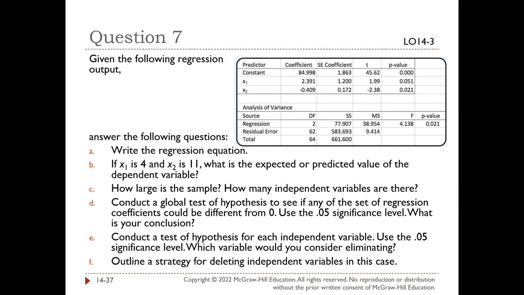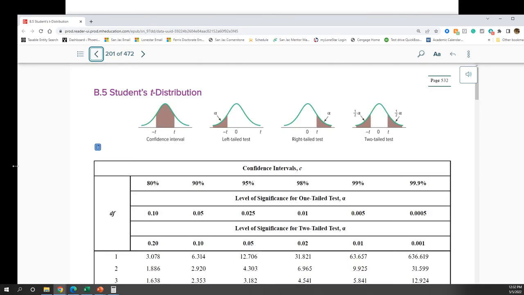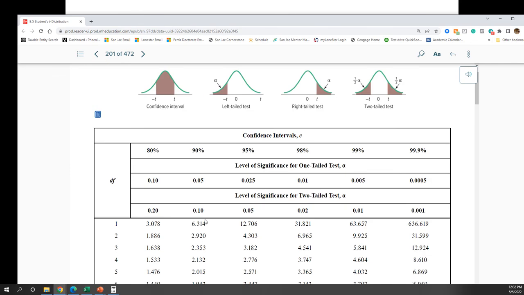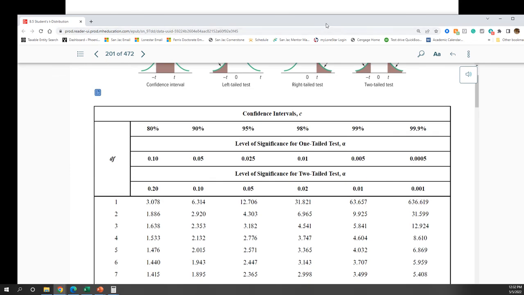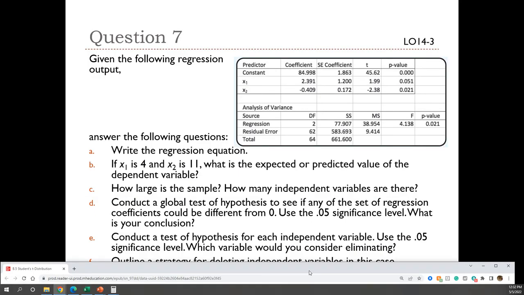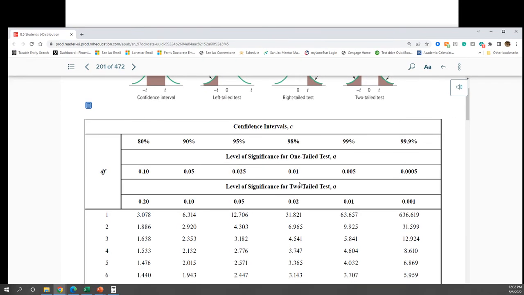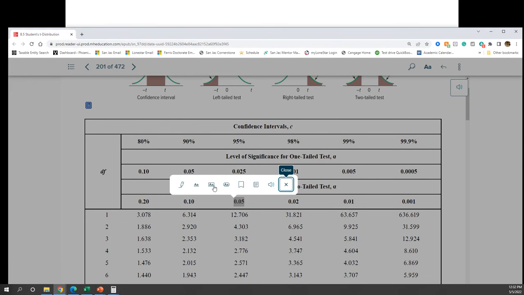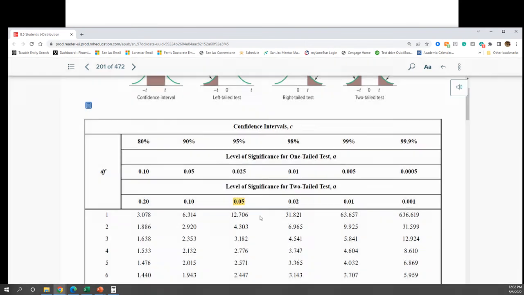So, next to the book. We are looking at, again, the 0.05. Since the test is whether it equals 0 or not, that means it's a two-tailed test. So we're looking right here.